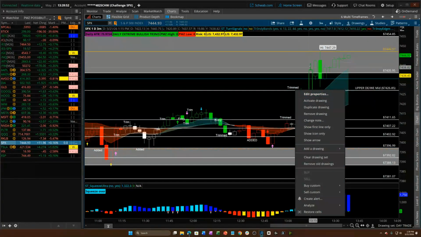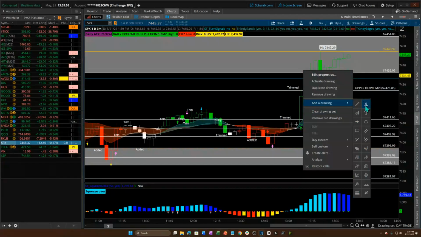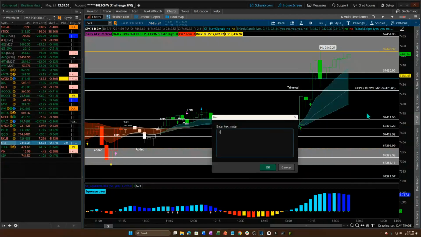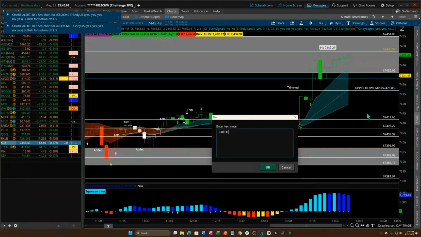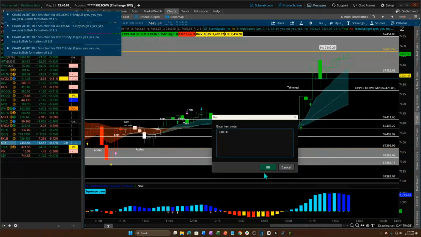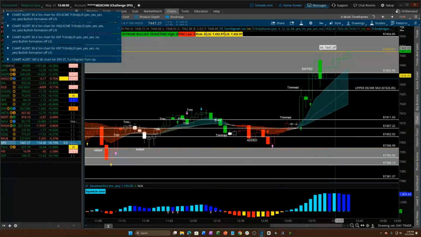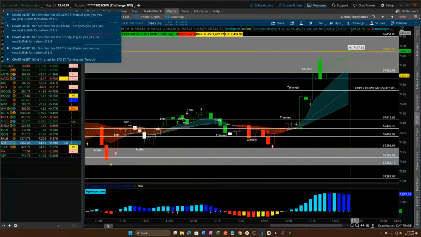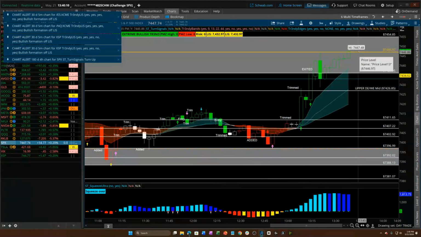And I exited here. Sorry. We have a recap session in the SPX room at the end of the day, so I have to keep these trades on here so that I know. All right.